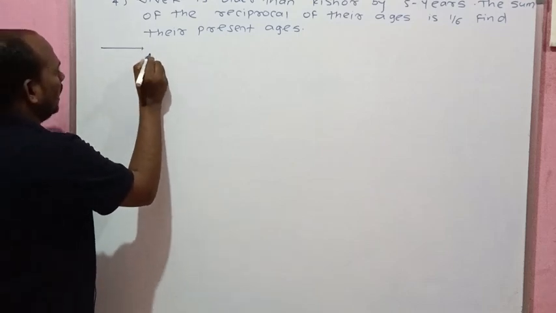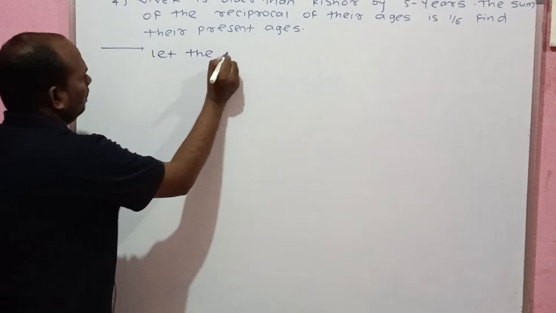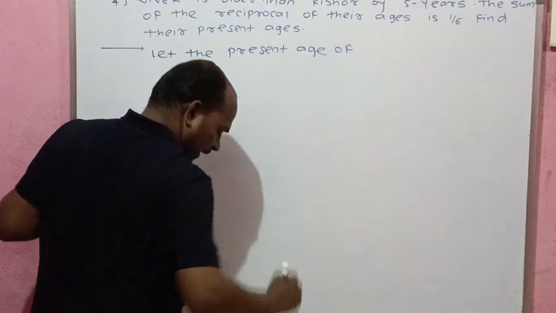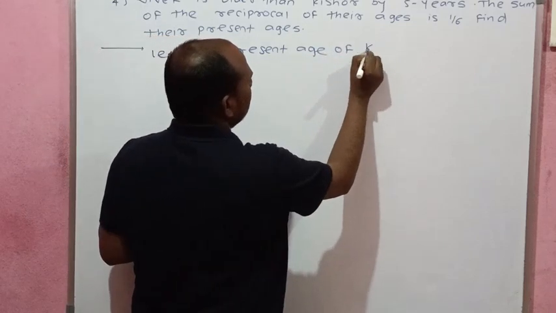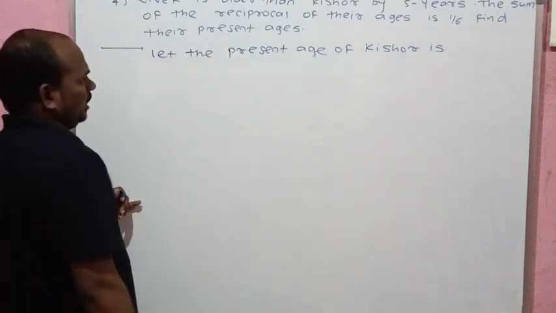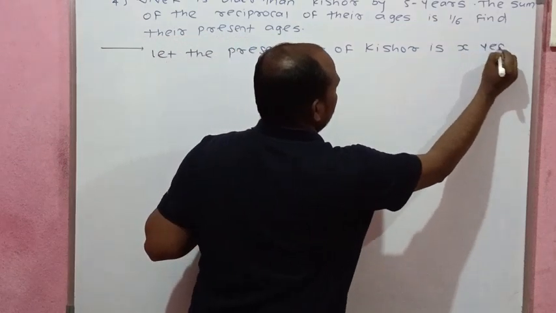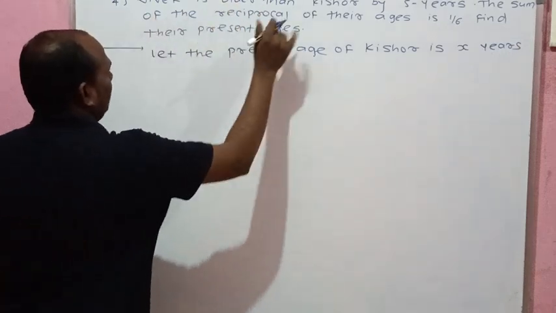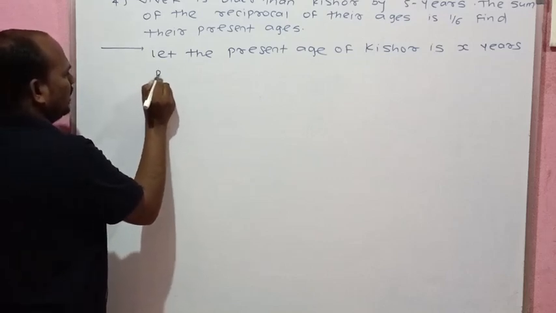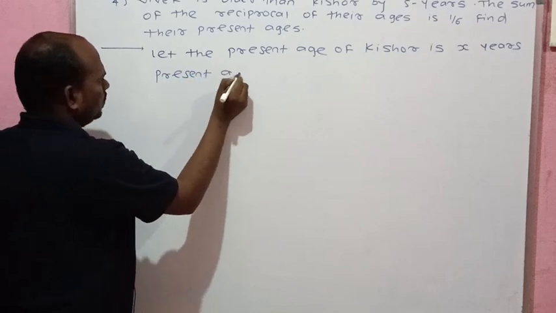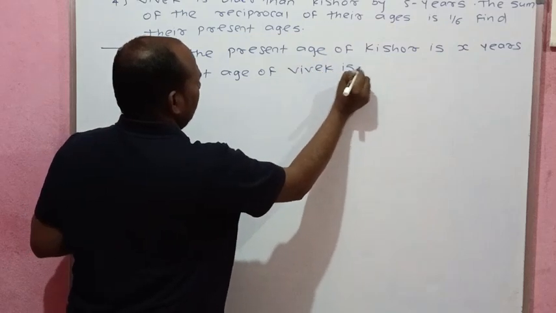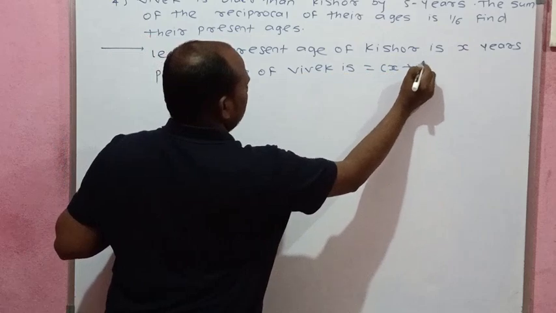Now let the present age of Kishore be x years, and Vivek is older than Kishore by 5 years. Now the present age of Vivek is x plus 5 years.